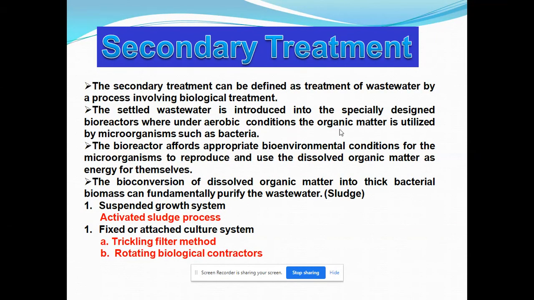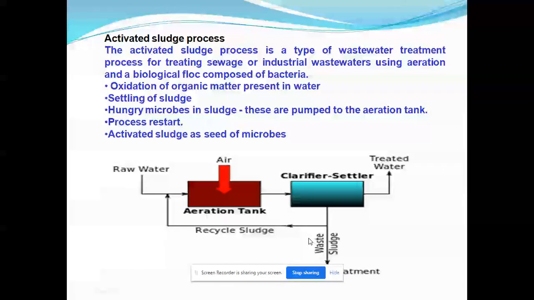First is suspended growth system, where the biomass is suspended in the water, and the example is activated sludge process. The second type is fixed or attached culture system, where biomass is attached or fixed, and the examples are trickling filter method and rotating biological contactors.